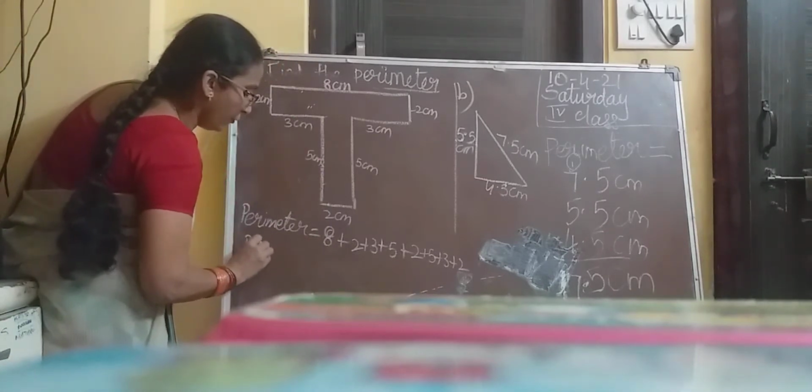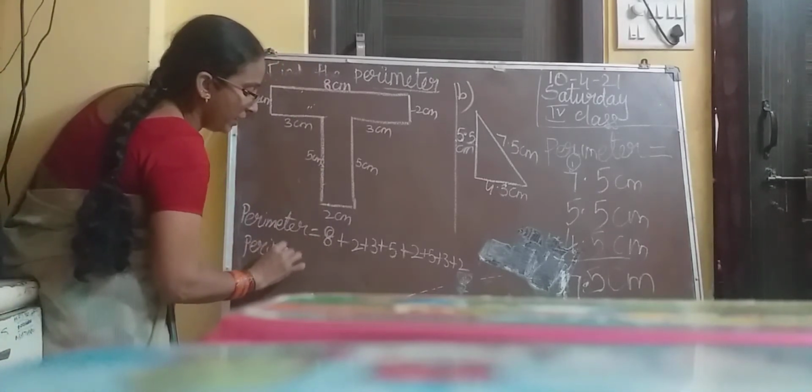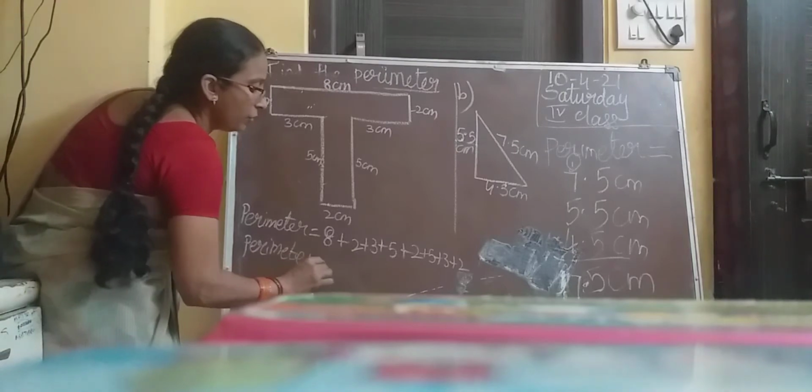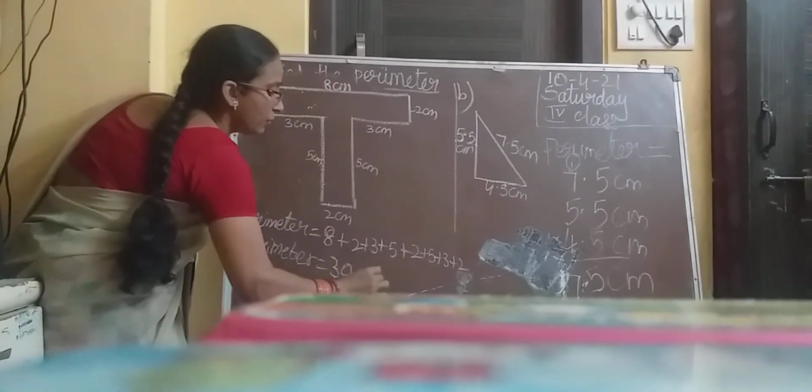Add them all at once in the rough column. Perimeter is equal to 30 centimeters. Okay children, like this.